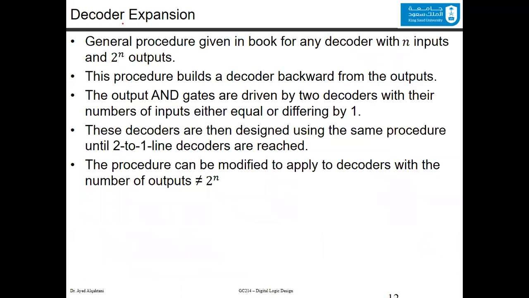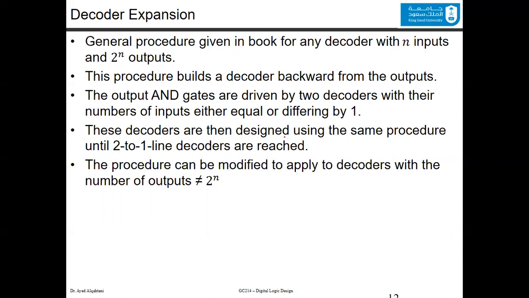So now we will discuss this idea, which is called the decoder expansion. The general procedure given in your book for any decoder with n inputs and 2 to the n outputs builds up a decoder backward from the output. You start from the output and go to the input. The output AND gates are driven by 2 decoders with their number of inputs either equal or differing by 1 bit.